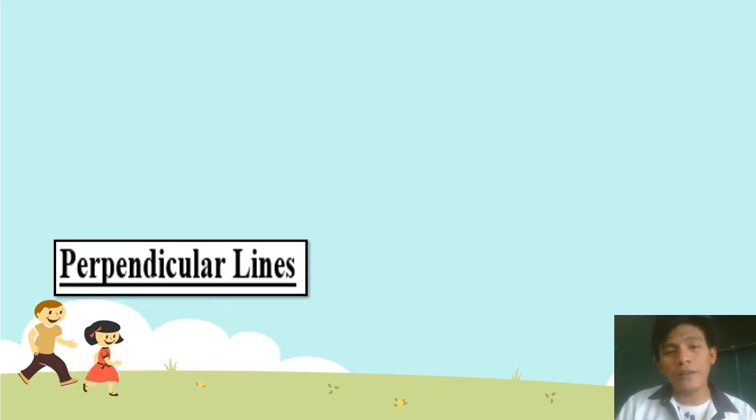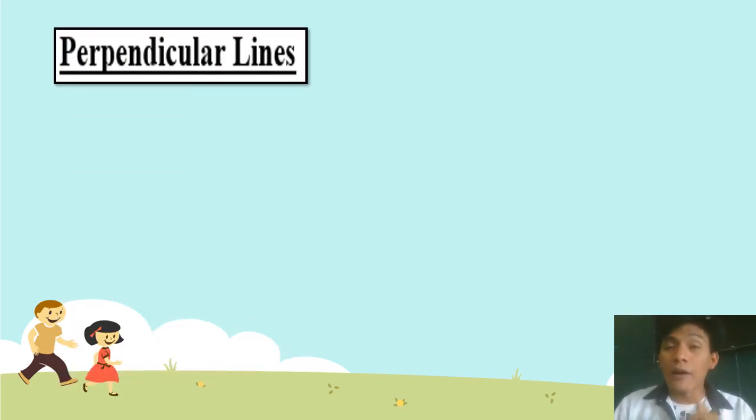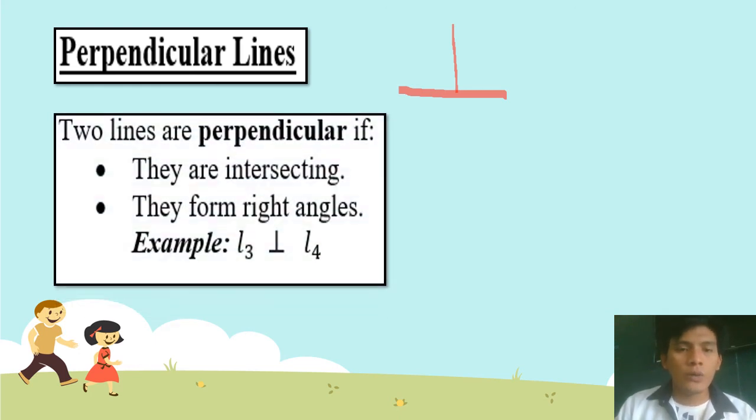Okay, go on to perpendicular lines. What will be the symbol for perpendicular lines? The symbol for perpendicular lines is this one: a straight line, then another line, something that looks like T. Two lines are perpendicular if they are intersecting.